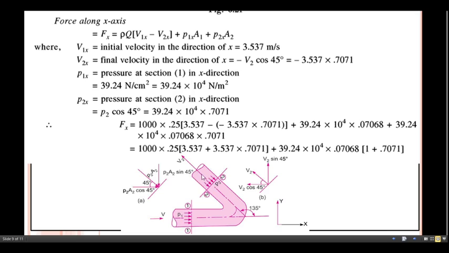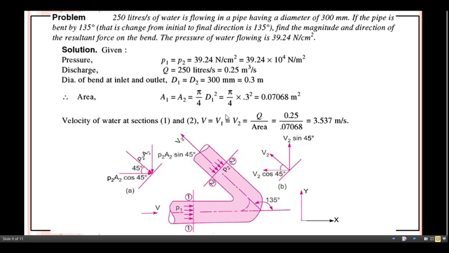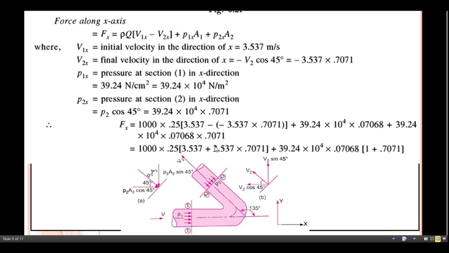The component of P2A2 along the x direction is nothing but P2 cos 45 degree, multiplied by the area term. Only the component of the pressure along the x direction is considered. Here we have the value of P2 and the cos 45 degree value.